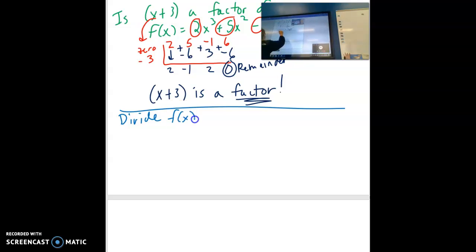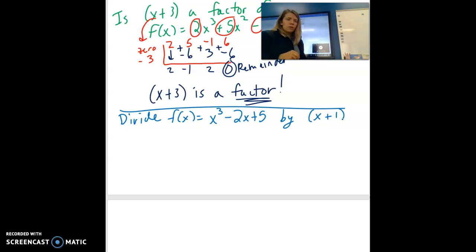F of x equals x cubed minus 2x plus 5 by x plus 1. Okay, so let's go ahead and do the whole shebang. So we're going to divide it, and then let's see what ends up happening and what creates.